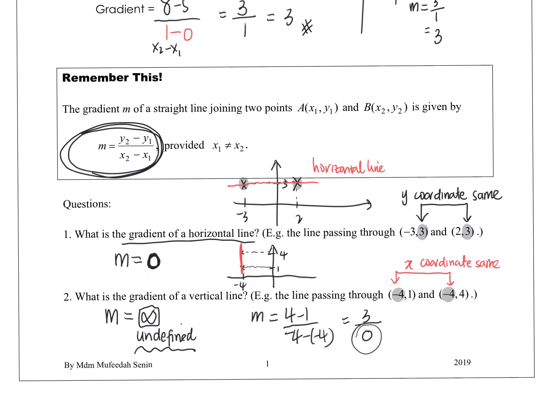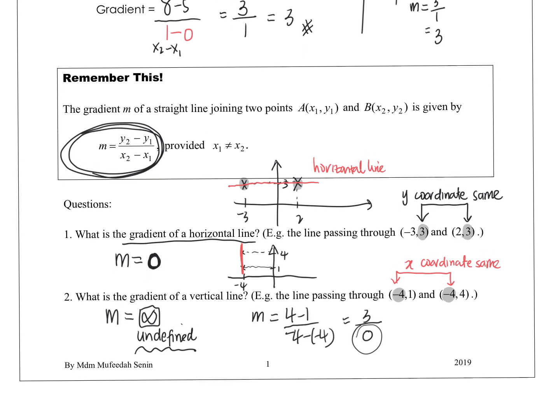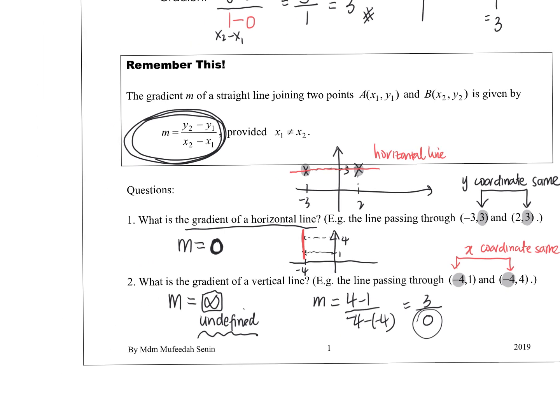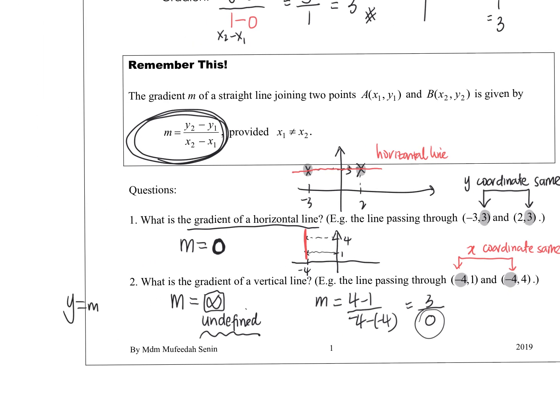So the gradient is m equals infinity. If they ask you for the gradient, you will just write undefined or you write infinity. Okay, but O-level rarely asks you this. They will ask you for the equation of the line. So when they ask you for the equation of the line, you know y equals mx plus c, right?